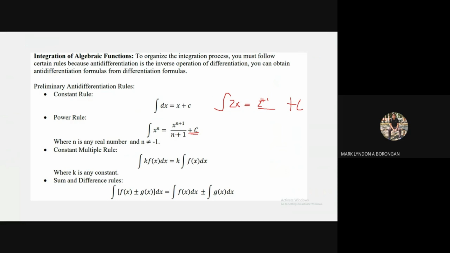Kung sa imuhang n diara, imuhang exponent is 1 plus 1. So mahimo siyang 2x squared all over 2 plus c. Diba? So pag divide nimo mahimo siyang x squared plus c.